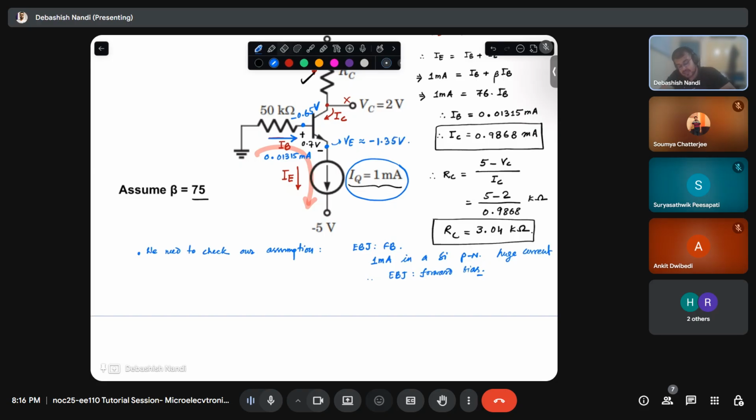So obviously you can see that in your NPN transistor, this junction is reverse biased. So your CBJ is reverse biased. So the assumption you made of forward active is valid. Okay.